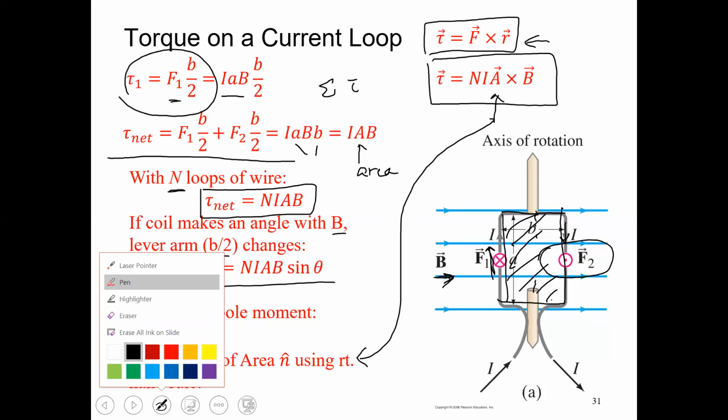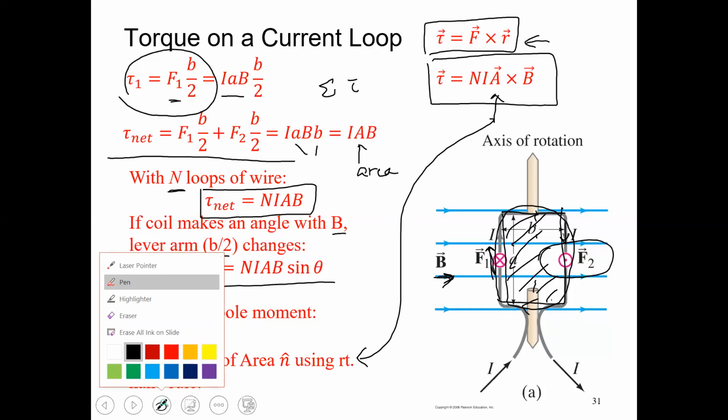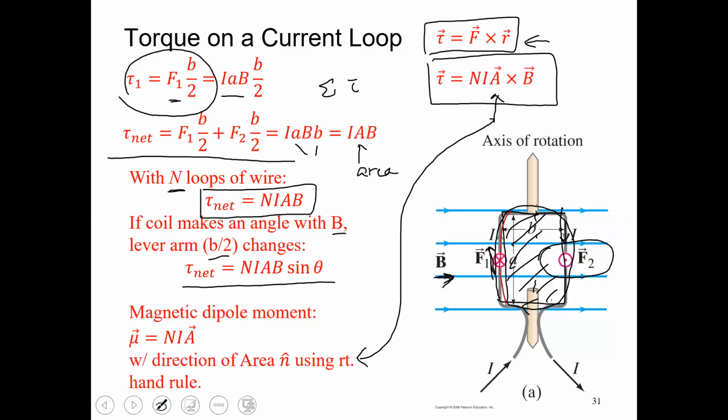So over here on the right in my little drawing example, if we take our right hand and point it so our fingers curl around in the direction of current, again, right-hand rule, our thumb would point downward into the page, right? So I would draw an X indicating that my thumb's pointed downward into the page, and that's the direction of the normal of this area, right?